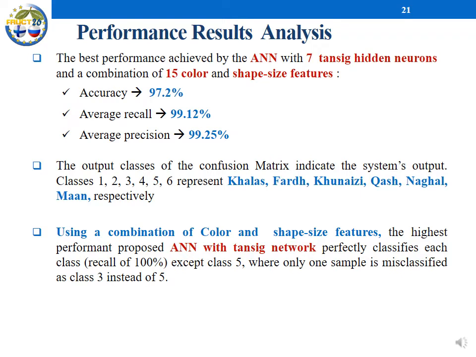Classes 1, 2, 3, 4, 5, 6 represent Khalas, Fard, Ghanizi, Cash, Nagar, Mahan, respectively. Using the combination of color and shape size features, the proposed ANN with Tansig network perfectly classifies each class with recall of 100%, except class 5, where only one sample is misclassified as class 3.